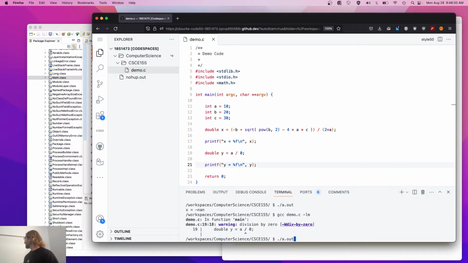In math, is that defined, by the way? No. But what if you took, I don't know if it'll show up here, but what if you took the limit as n tends towards 0 of 1 over n? That's defined. What's that limit? Infinity. And so, let's find out what it does. Oops.